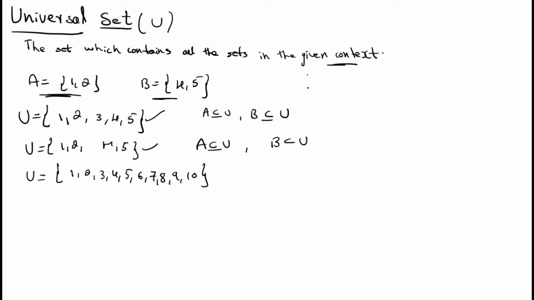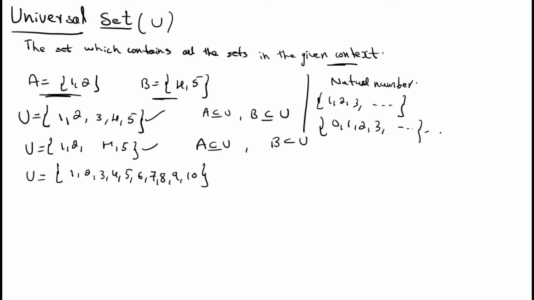For example, I'm taking natural numbers. What's a universal set for natural numbers? We know natural numbers start from 1 2 3 and so on. Then take the whole numbers 0 1 2 3 and so on.